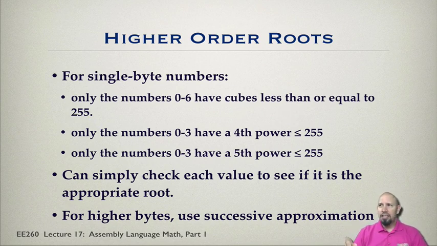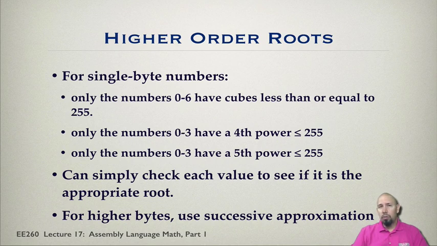So for cube roots, all you need to do really is check 6 values. Given a number, you check if it's between this number and this number, then 5 is going to be the root, 4 is going to be the root, 3 is good, and so forth. You just check the ranges, and you can use that fact to take the root.